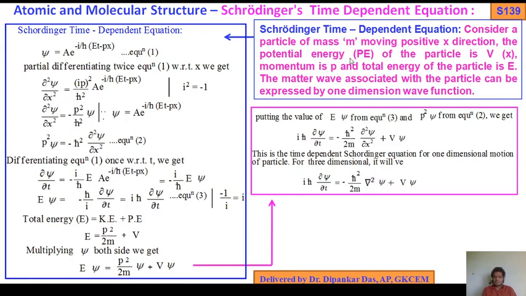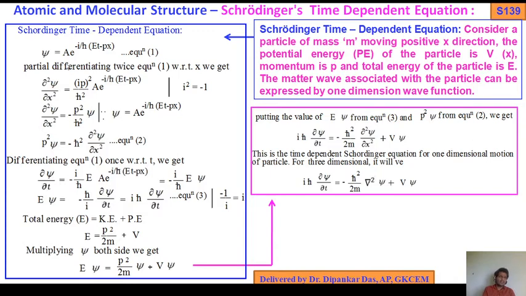The potential energy of the particle is V(x), the momentum is p, and the total energy of the particle is E. Then the matter wave associated with the particle can be expressed by a one dimensional wave function.